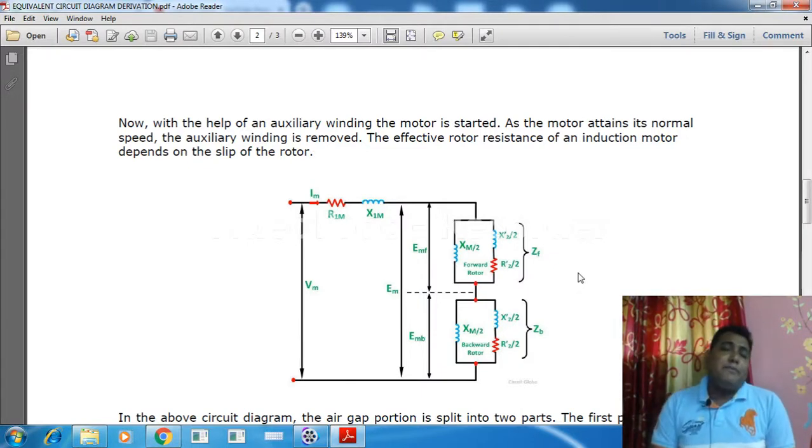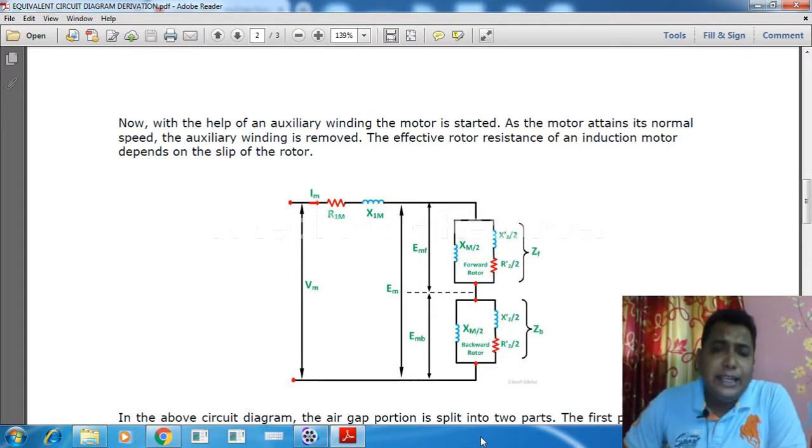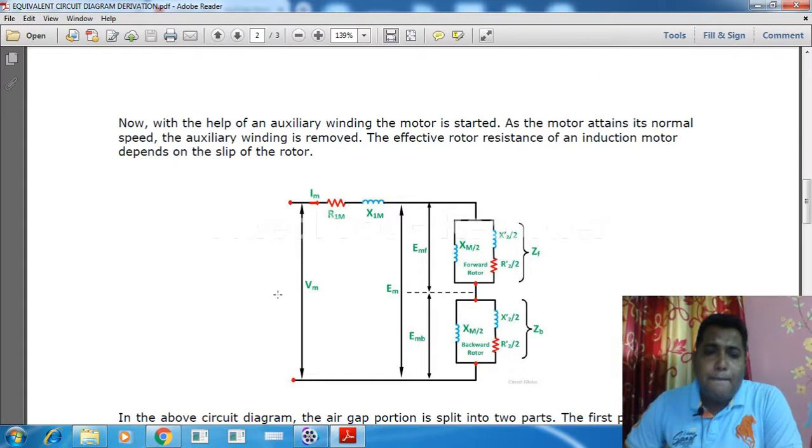So follow my pointer very carefully. This portion is the most important portion of this particular presentation. Here, this is the supply voltage VM. This is the stator resistance and this is the stator leakage reactance.